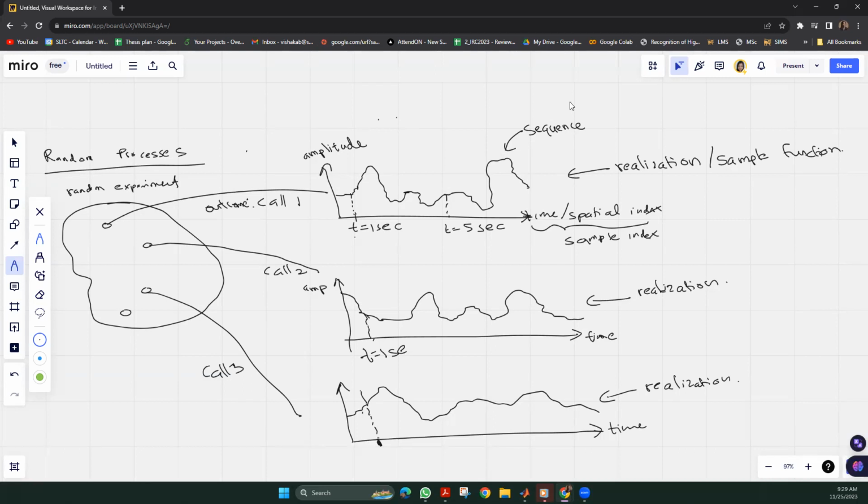So let's say we measure the amplitude corresponding to 1 second for each of these realizations, and we plot the probability density function of those amplitudes.